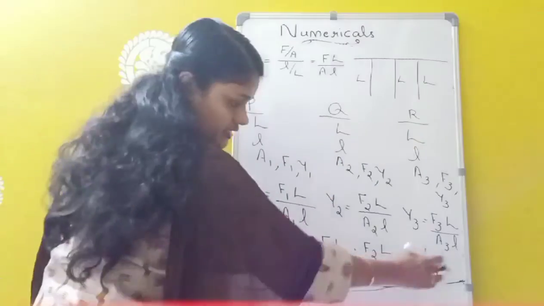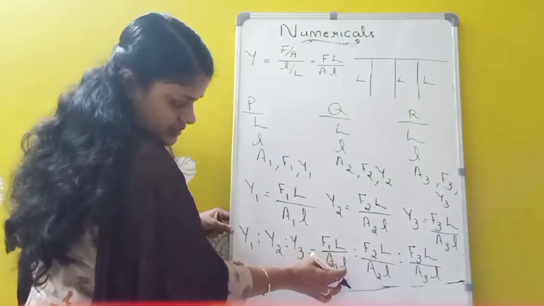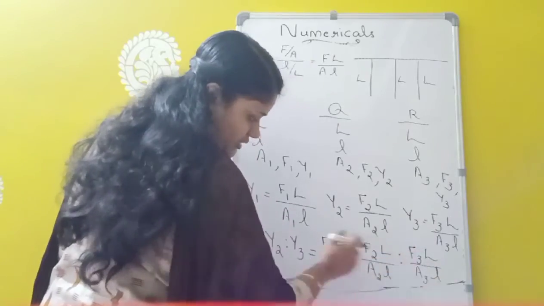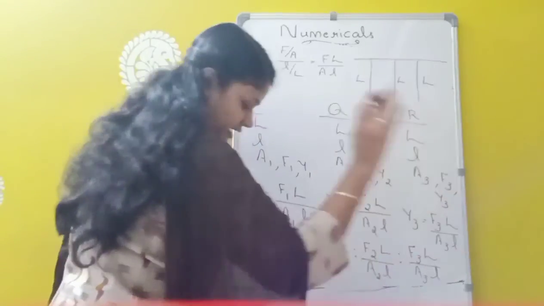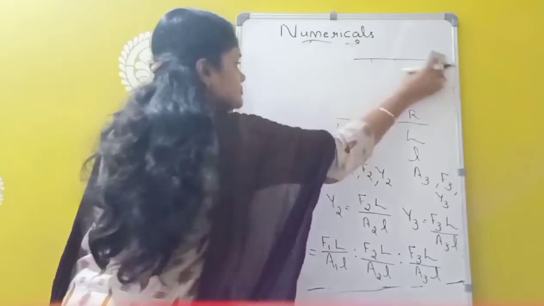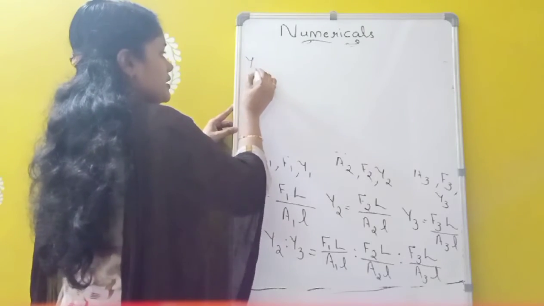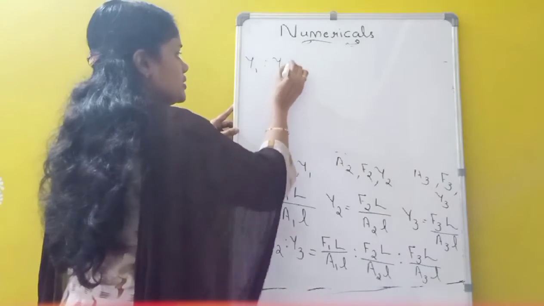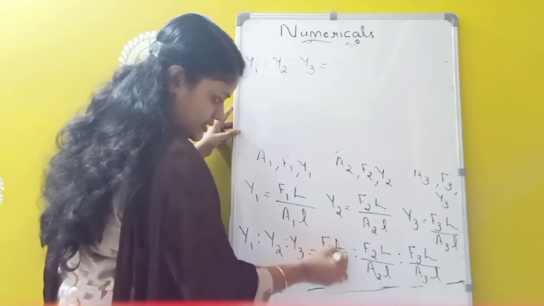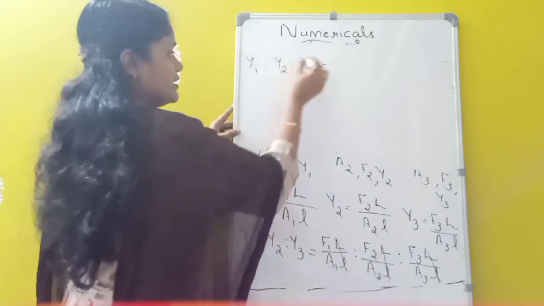Everywhere equal terms will be cancelled because it is a ratio only. Capital L and small l cancel everywhere.